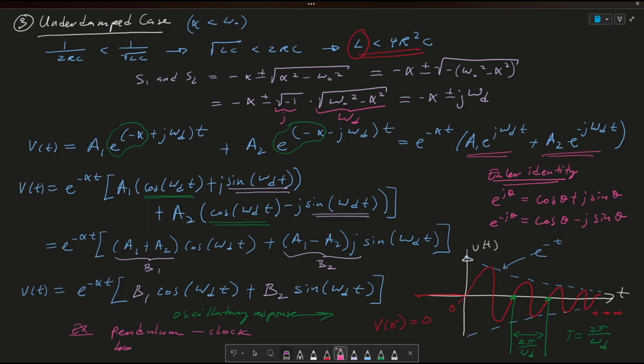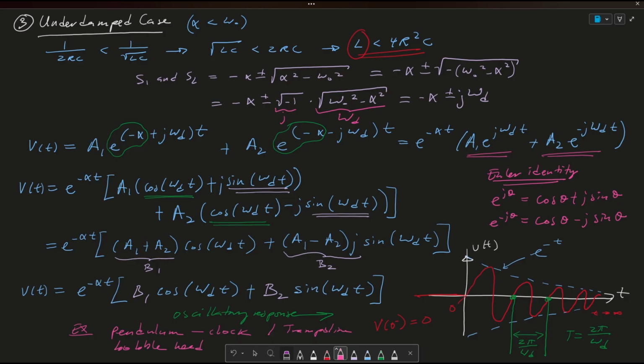Another example is a bobblehead. And I think a bobblehead is more accurate because a bobblehead will oscillate and saturate to being in a steady position as time goes to infinity. Another example is a trampoline, right? If you jump on a trampoline, it keeps oscillating, and then as time goes to infinity, it saturates to 0.